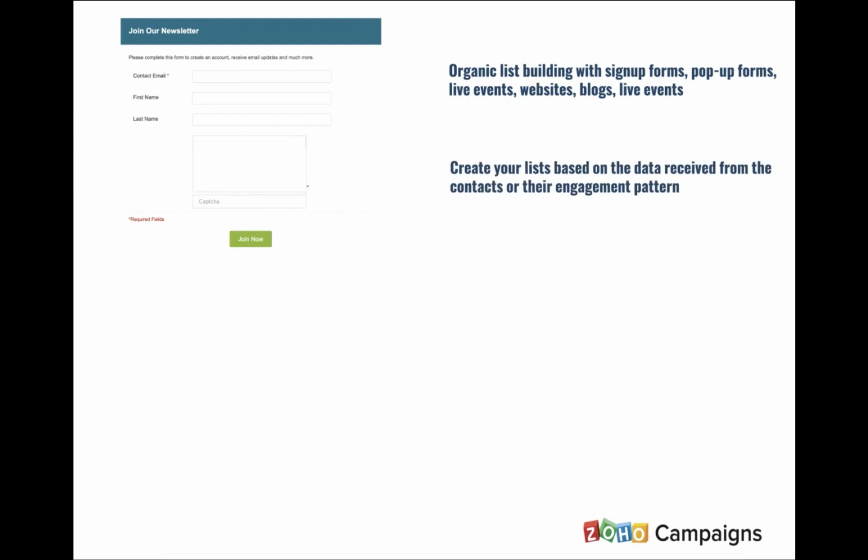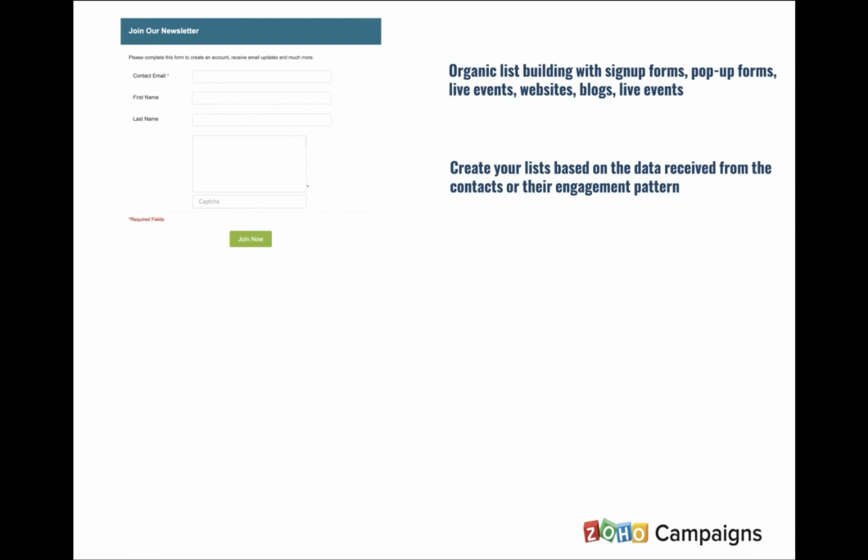email contact list. You can create your lists based on the data received from the contacts, in the sense their first name, their last name, the place that they stay in. These are the data that you can receive, and you can create a list based on the platform from where you have collected the contact email IDs, whether it's a live event or anything.